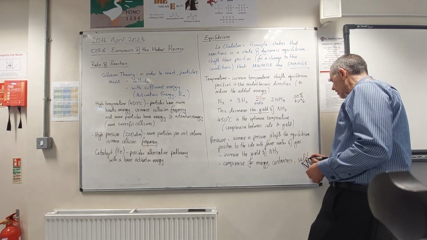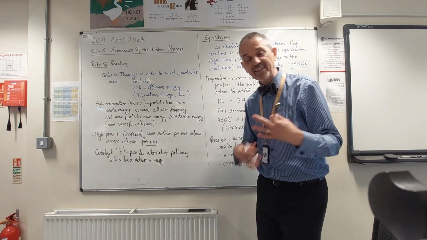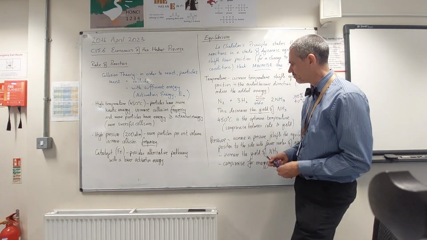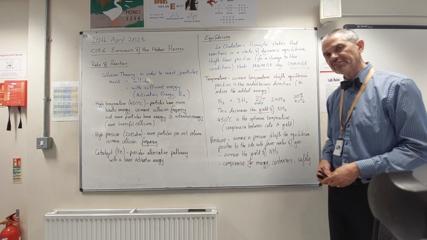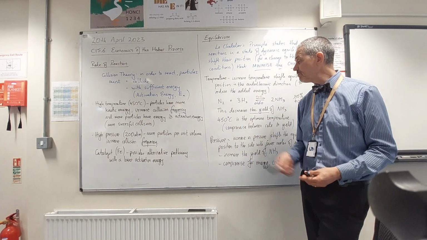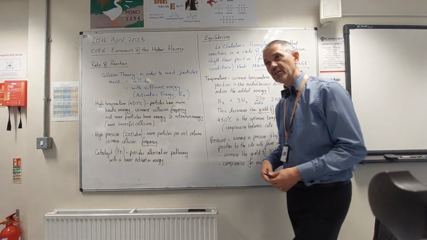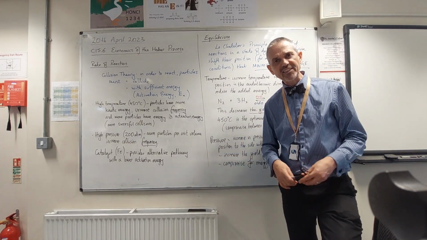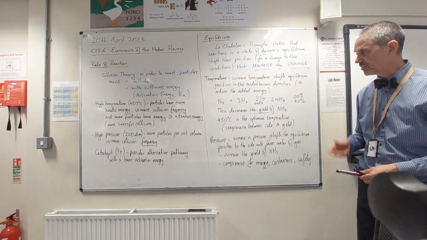We're going to have staff who are well trained and can deal with those high pressure situations in case anything goes wrong, God forbid. So we still have to have some sort of compromise there. And the same would be true for temperature as well. It wouldn't just be about rate and yield. We'd have to think about the energy costs of increasing the temperature up to 450 degrees as well.